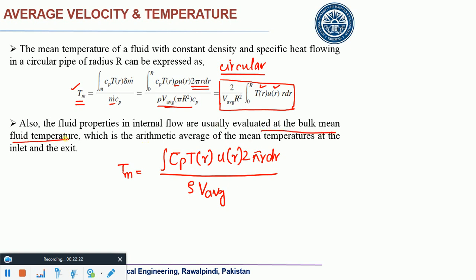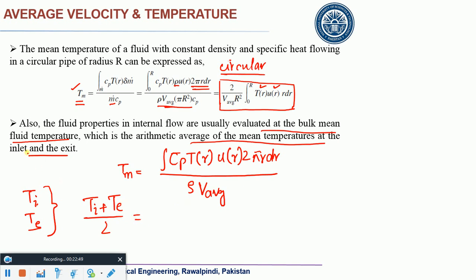So generally for these properties, rho, mu and all those things, you can use this bulk mean fluid temperature, which is basically the arithmetic average of the mean temperature at the inlet and exit. It means if the mean temperature at inlet is Ti and mean temperature at exit is Te, you need to find out the properties at this value.